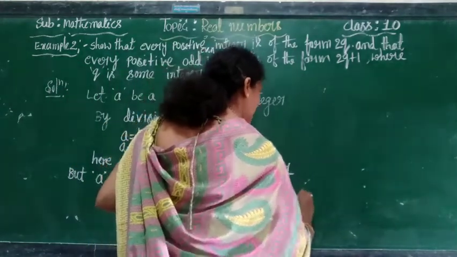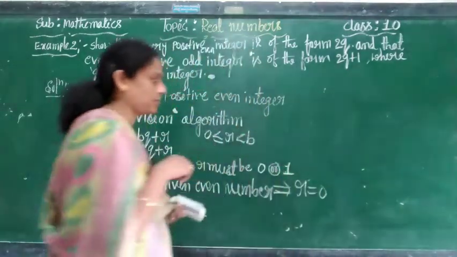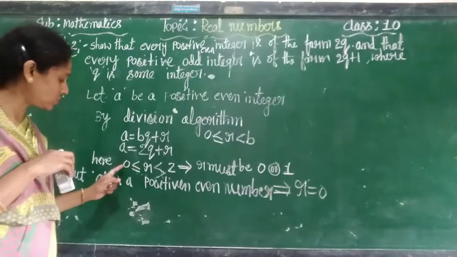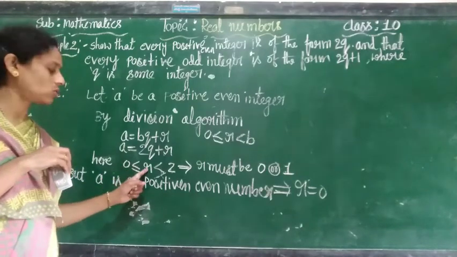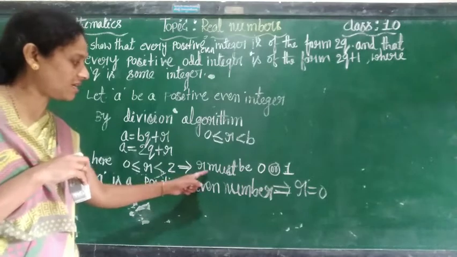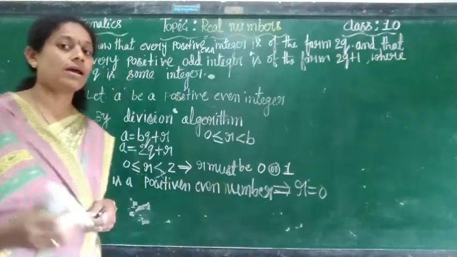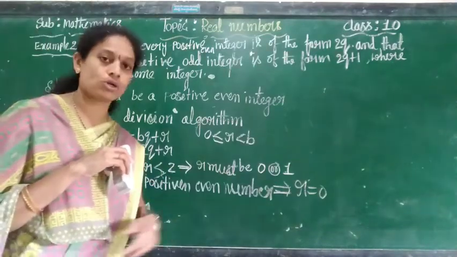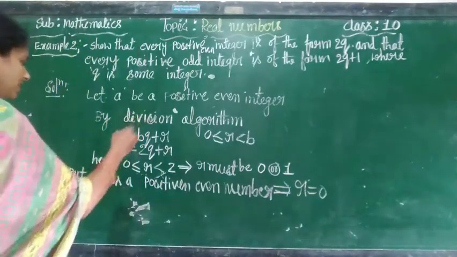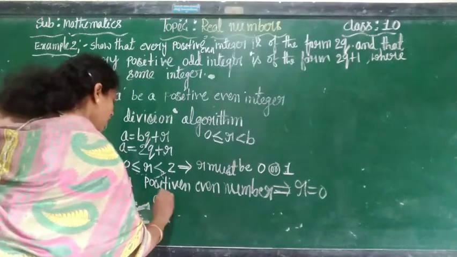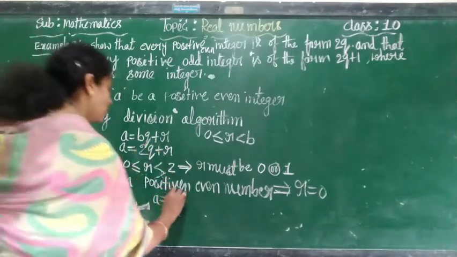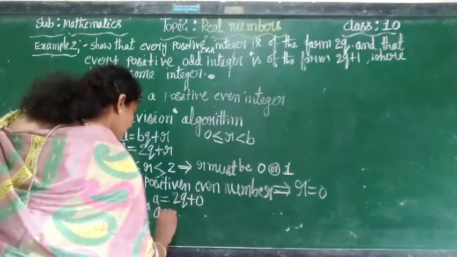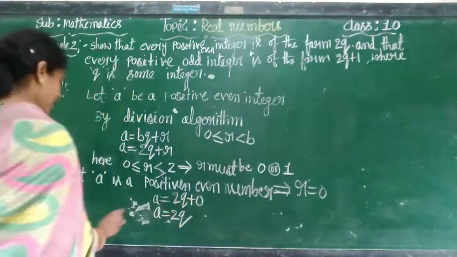This implies that r is equal to 0. Therefore, a is equal to 2q plus 0. a is equal to 2q.